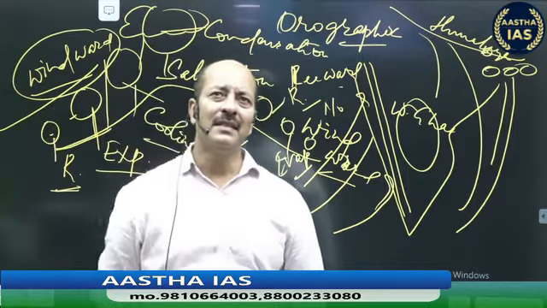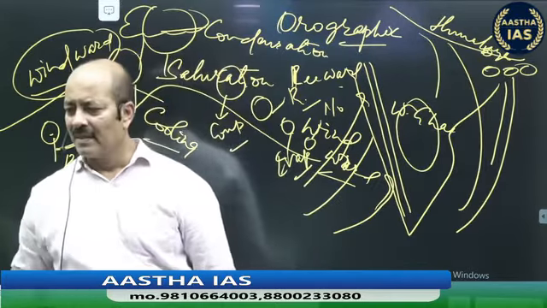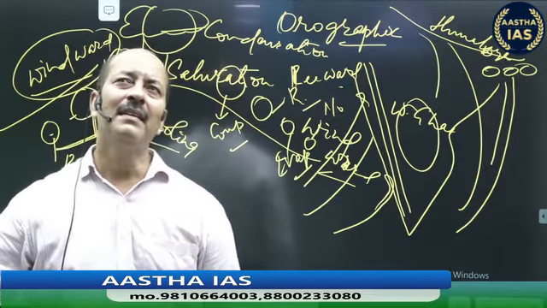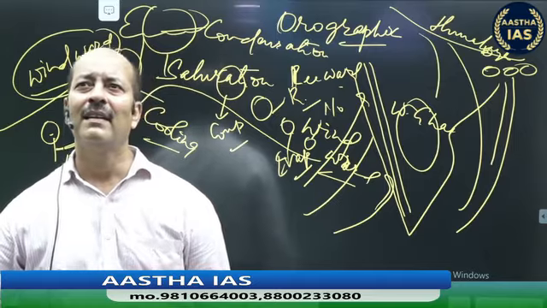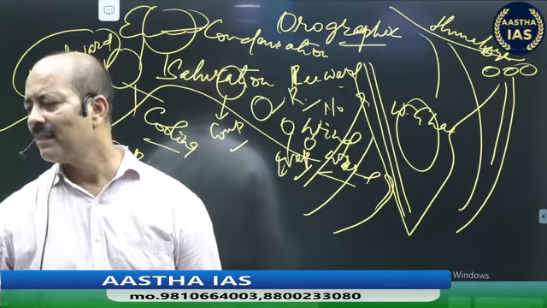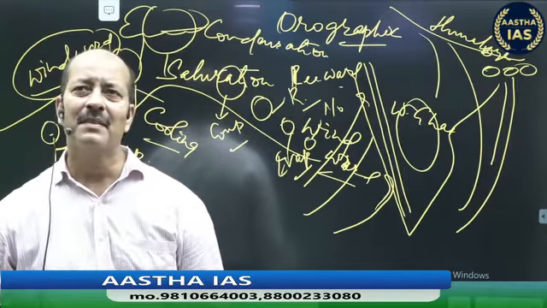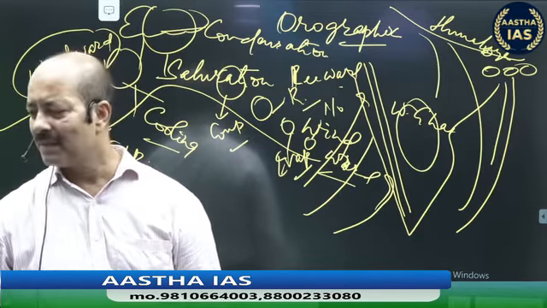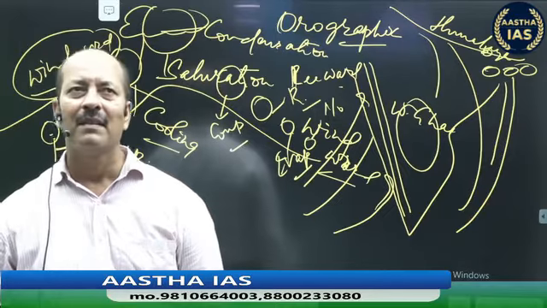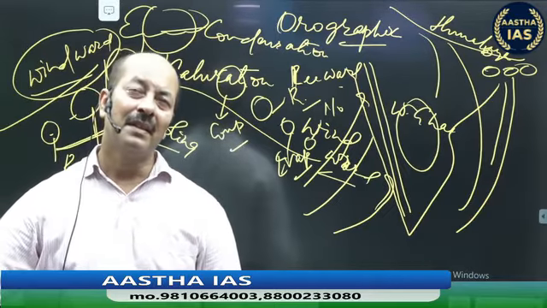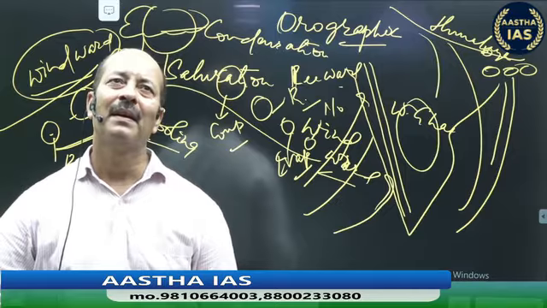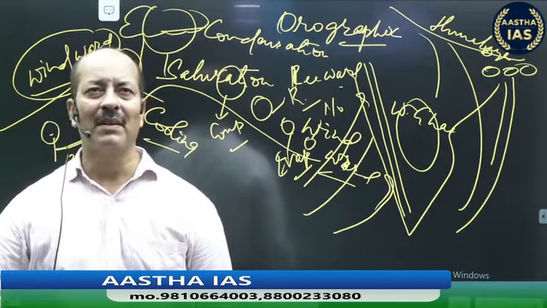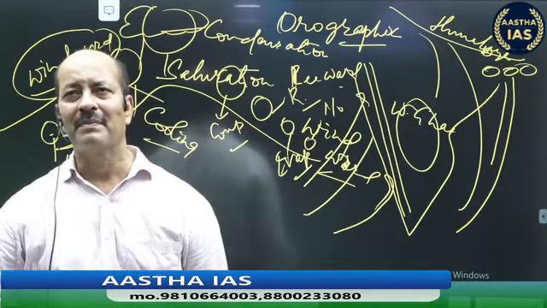On the opposite side, Telangana, eastern Maharashtra, Karnataka, and northern Tamil Nadu receive less rainfall.